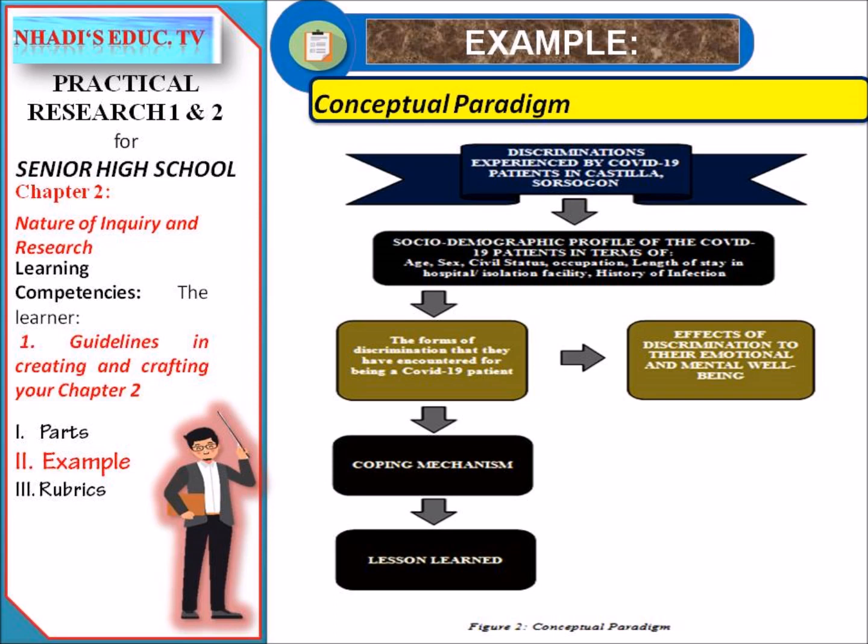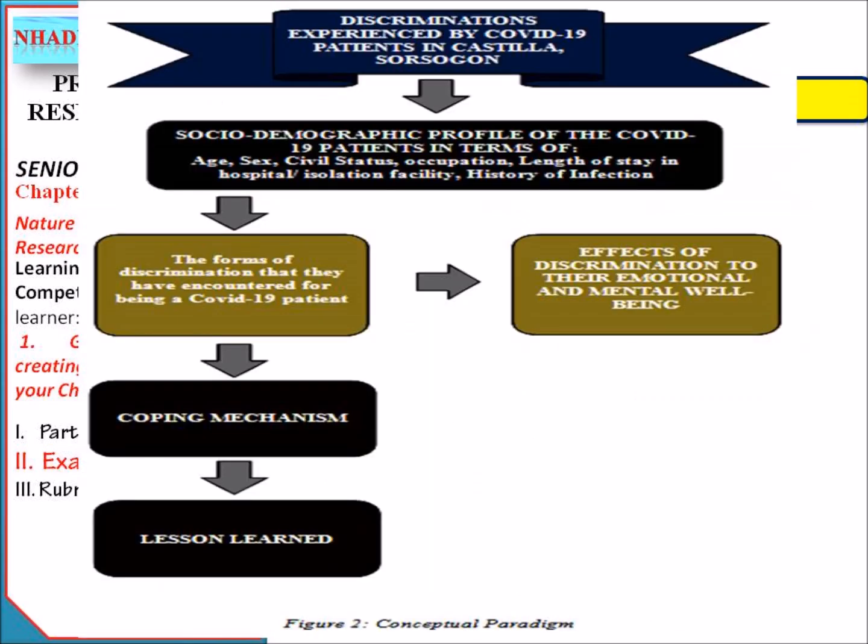Here, the flow of the concept of their study was illustrated. So, it starts from the title down to the content of their statement of the problem. On this slide, figure 2, conceptual paradigm. Discrimination, this is the title, discrimination experienced by COVID-19 patients in Castilla, Sorsogon.